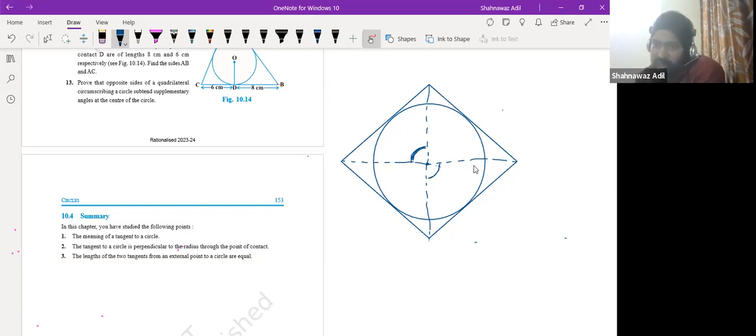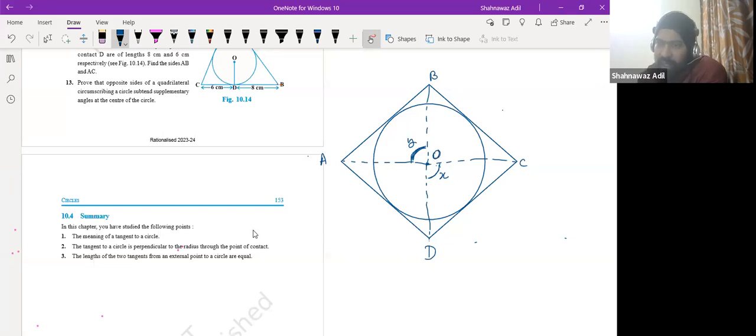So we have to find out this one. Let's say this is x, this is y. So we have to prove, or let's say we choose A, B, C, D.